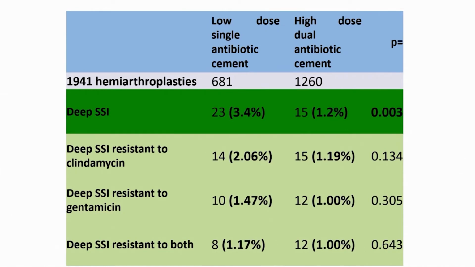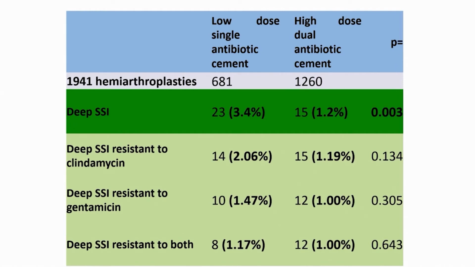Now, one common question is: if you use this high-dose dual antibiotic cement, do you actually breed resistant bugs? We've looked at this in some 1,900 hemiarthroplasties. 680 of them had standard antibiotic cement, and 1,200 had the high-dose dual antibiotic cement. You'll see that the risk of developing an infection was lower, as we know from the trial results.